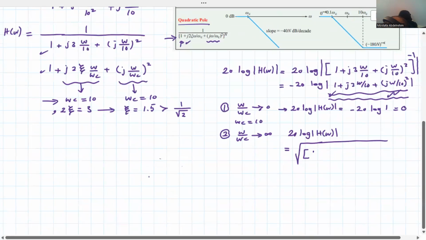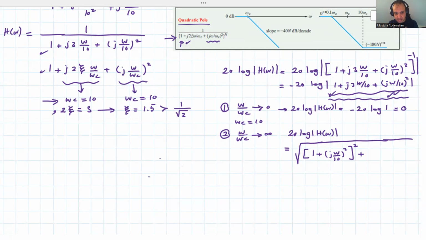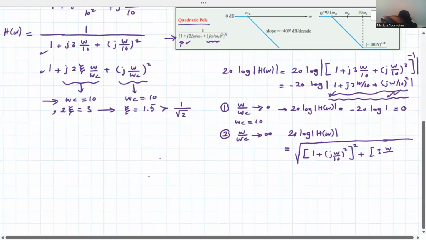So this is 1 plus j omega over 10, and then we square everything again because of the magnitude. And the imaginary part, of course, is j3 omega over 10. So the imaginary term here is 3 omega over 10.